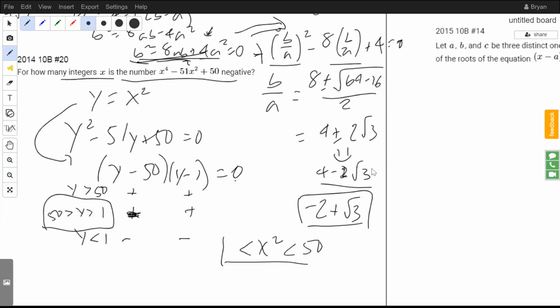So I just want people to give some more answers, please, if you're paying attention. If you're not, then good for you as well. But how many integers are there? And this is where you have to be a little bit careful.